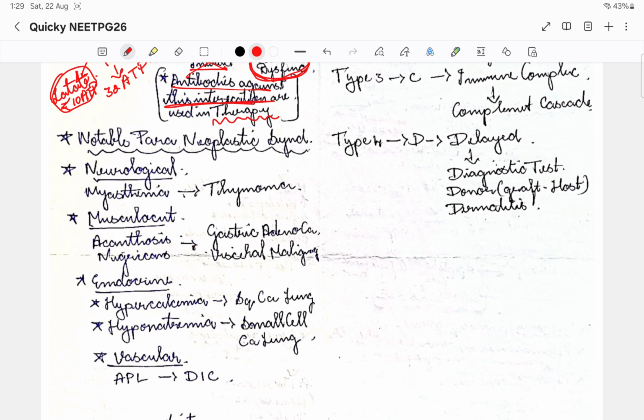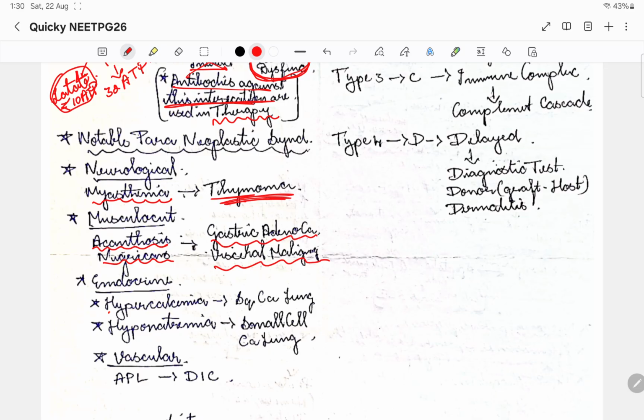Neurological paraneoplastic syndrome, mainly myasthenia gravis, is because of thymoma, the thymic carcinoma. Then musculocutaneous disorder, that is acanthosis nigricans, blackening around the skin and the nape. This is because of gastric adenocarcinoma and visceral malignancies.